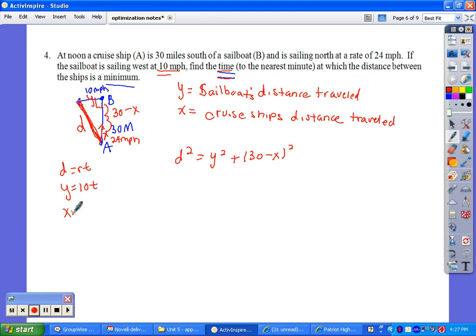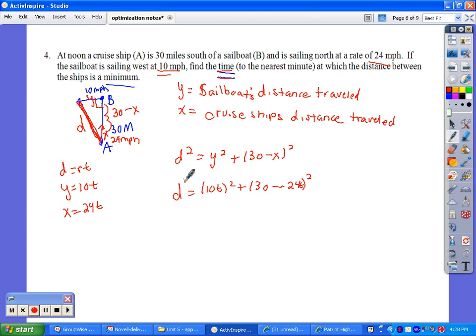And x is the cruise ship's speed, which is 24 miles per hour, times time. And so we can plug these into our equation. So if I plug it in for y, I get (10t) squared plus (30 minus 24t) squared. Now I have it in terms of time, and so I can minimize time.